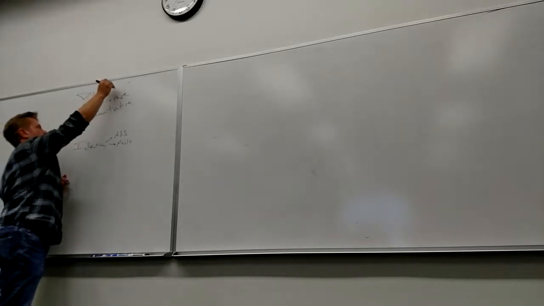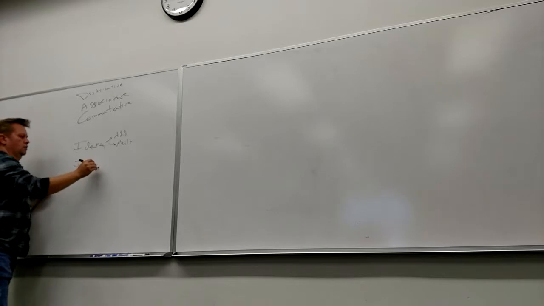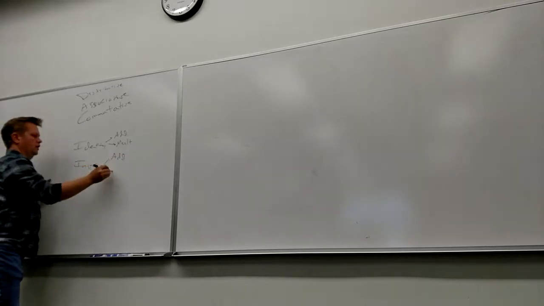Distributive, that would be the first one I would say, because that's the easiest one to find and to remember. Distributive. Oh, good, good. So then we got inverse, additive and multiplicative. I like it. So these are the big three: distributive, associative, commutative. Those are the big three.